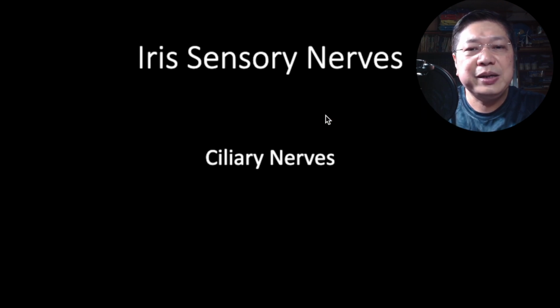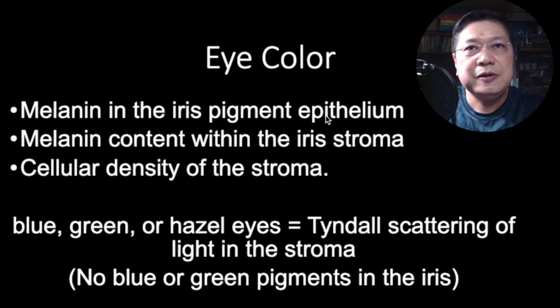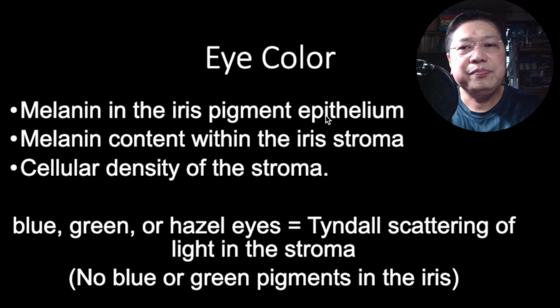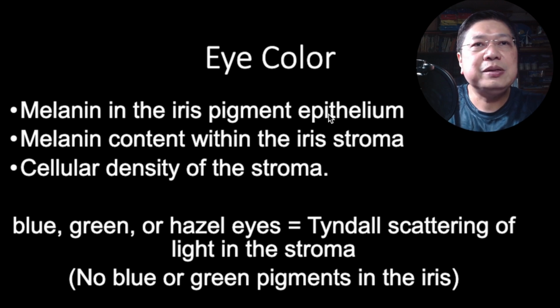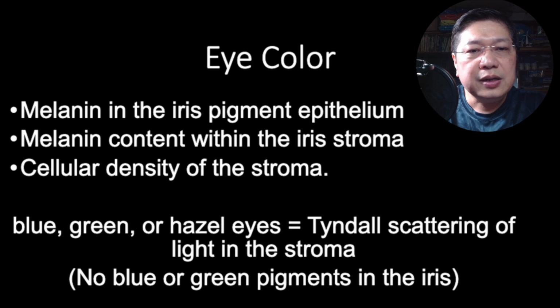It's supplied by the ciliary nerves, and your eye color, whether your eyes are brown, blue, green, gray, or hazel, is determined by the melanin in the iris pigment. Now, the melanin is in the iris stroma.